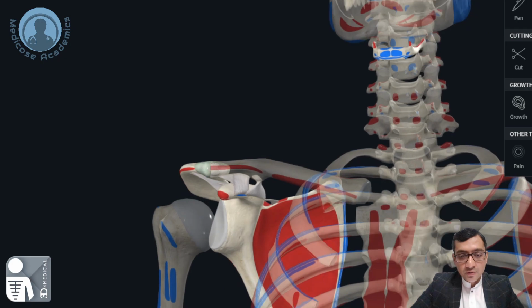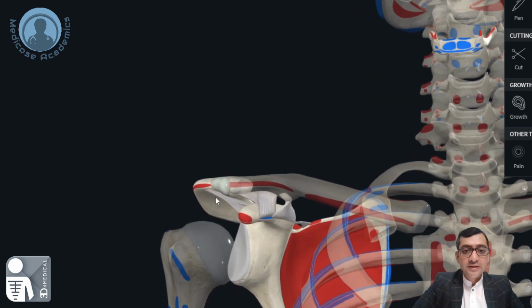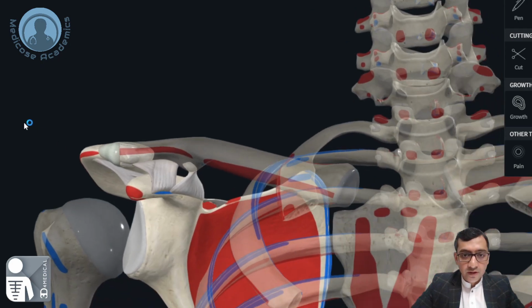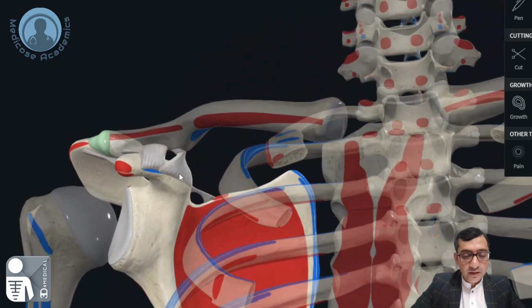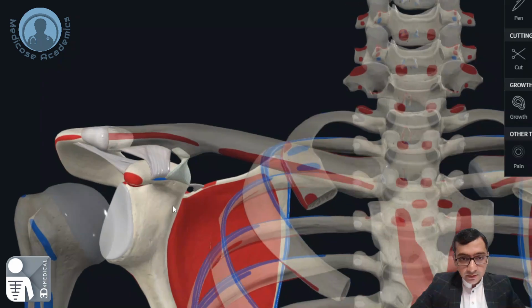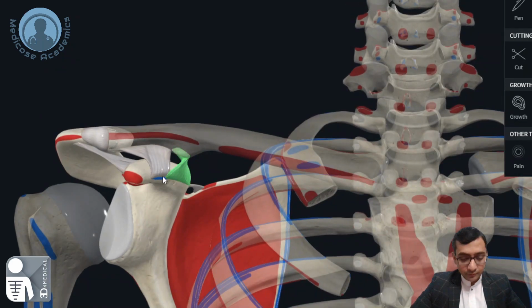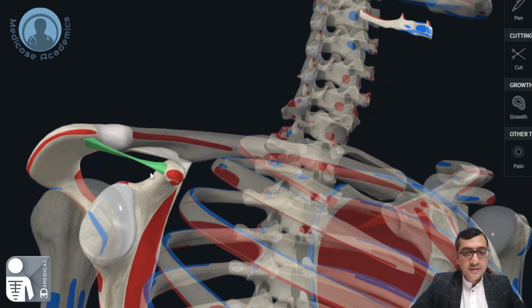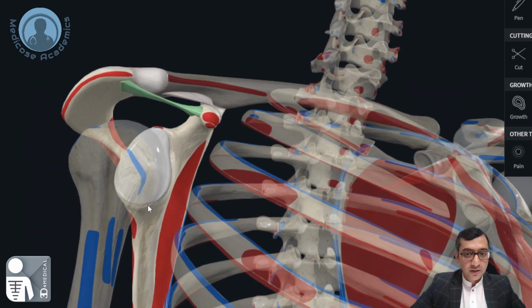The coracoid process, as you can well see in this, is getting attachments of a number of ligaments that you have seen in the clavicle also. It is giving attachment to the conoid part of the coracoclavicular ligament, the trapezoid part of the coracoclavicular ligament, and this is the ligament that is running between the coracoid process and the acromion process, that is the coracoacromial ligament.